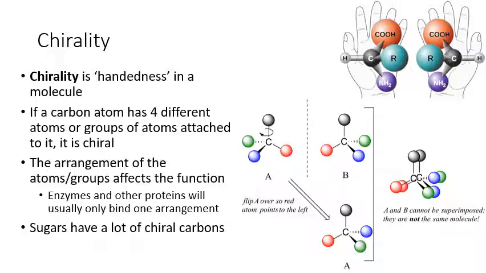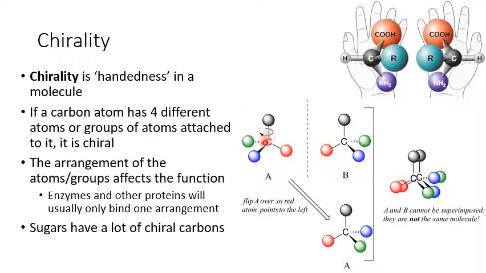You can have molecules that are like that as well, where they look the same, but when you try to line them up, you see that they don't line up the exact same way, because the way that different things are attached to them is different. So in this diagram here, you have an example of a couple of molecules that have handedness, or chirality.